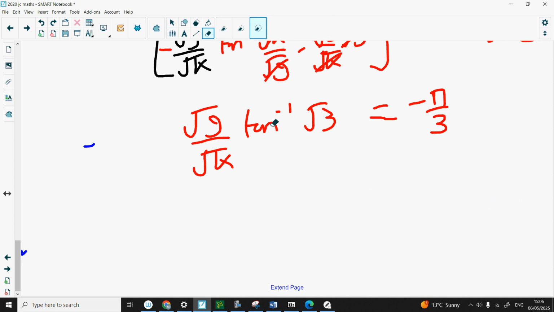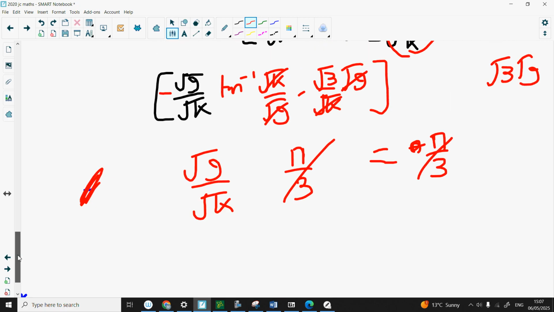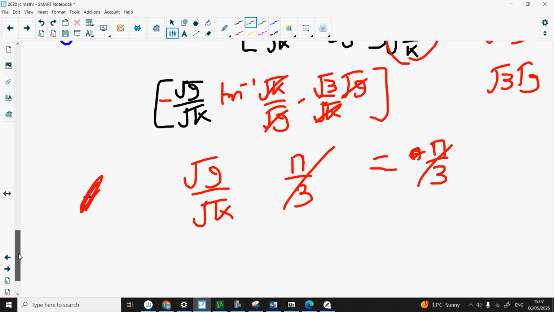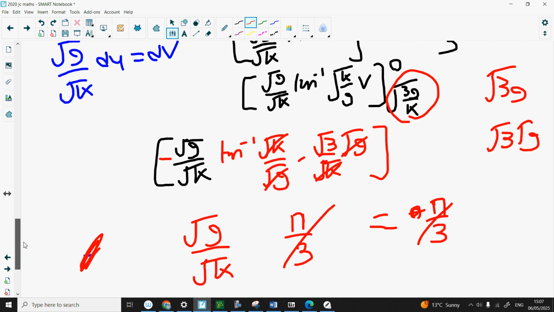If you tan inverse root 3, you'll get pi over 3. So that's gone there. The minuses cancel each other out. The pi over 3 cancel each other out. And then you're basically about to get a... Oh, God. The g's cancel each other out. You get root g over root k.